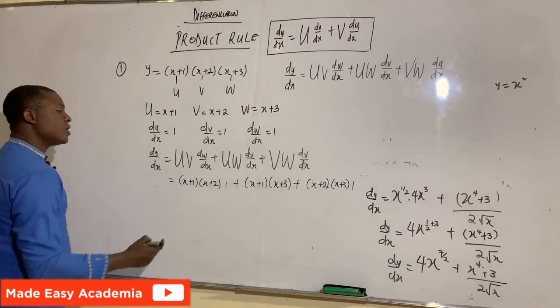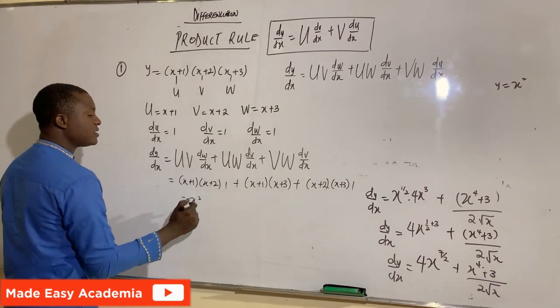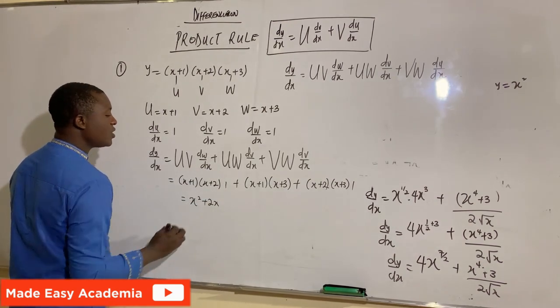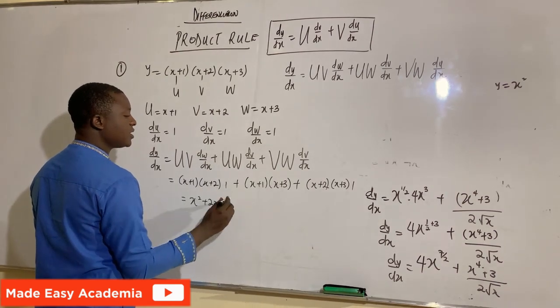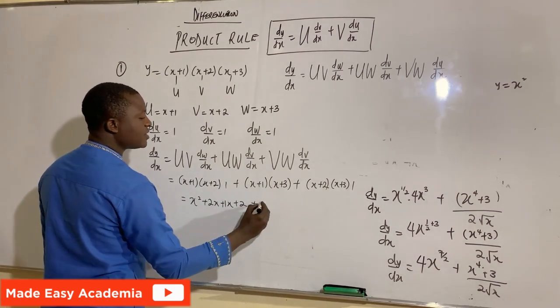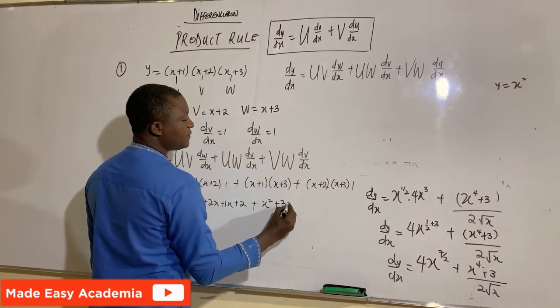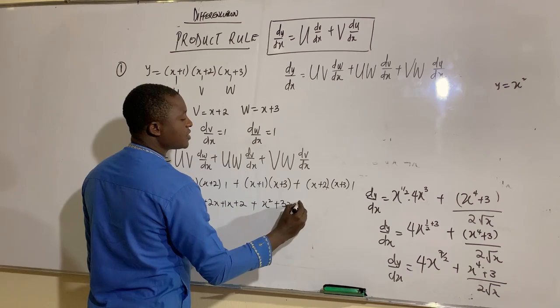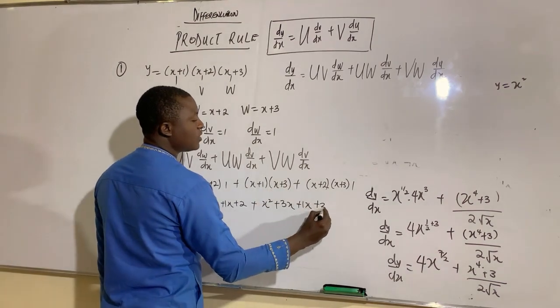So if I expand this one, x times x, we are going to have x squared. x times 2, we are going to have 2x. 1 times x, we are going to have 1x. 1 times 2, we are going to have 2. So here too, x times x, we have x squared. x times 3, we are going to have 3x. 1 times x, we have 1x, which is x. 1 times 3, we are going to have 3.